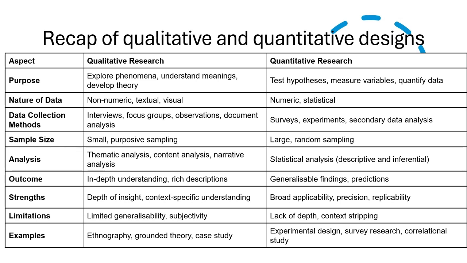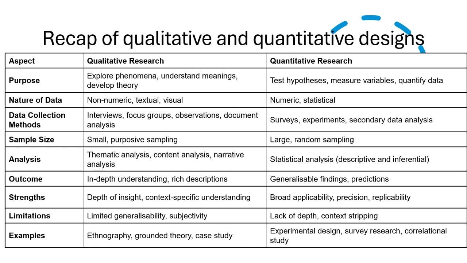Typically the sample size of a qualitative design is smaller, and we use purposive sampling, where we have inclusion-exclusion criteria, and we're looking for potential participants that have a lived experience, or documents that can tell us more.